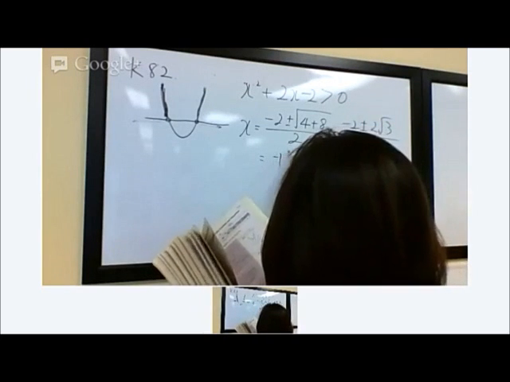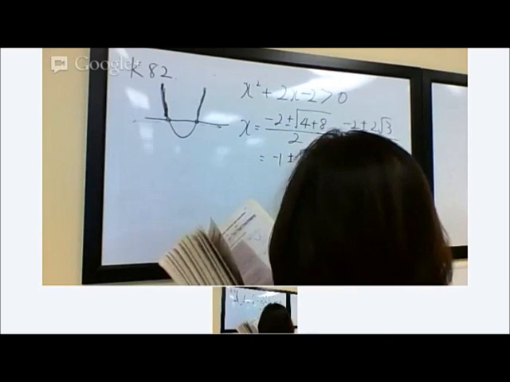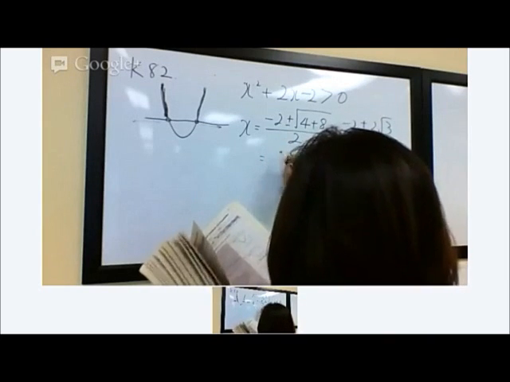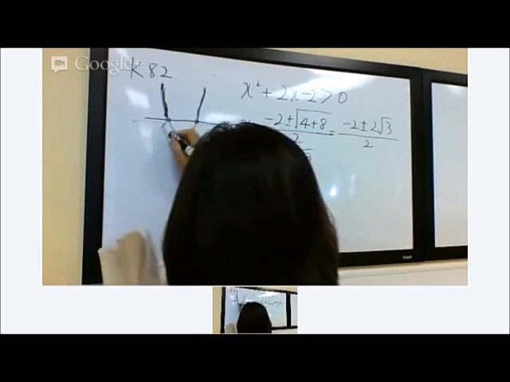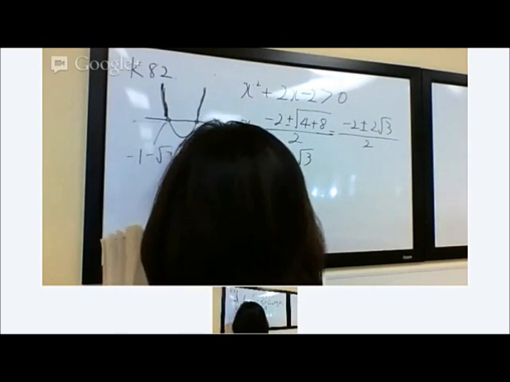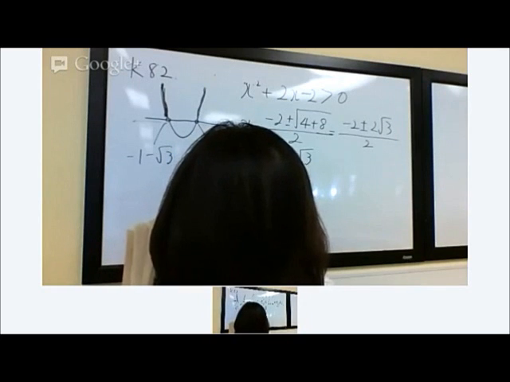So x equals negative 1 plus or minus root 3. This is the answer. The smaller one is negative 1 minus root 3, and here is negative 1 plus root 3.